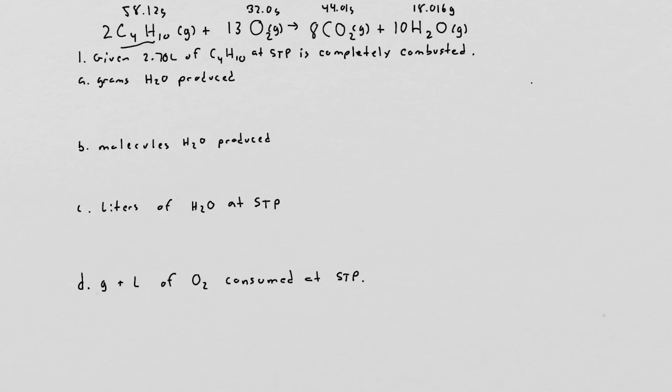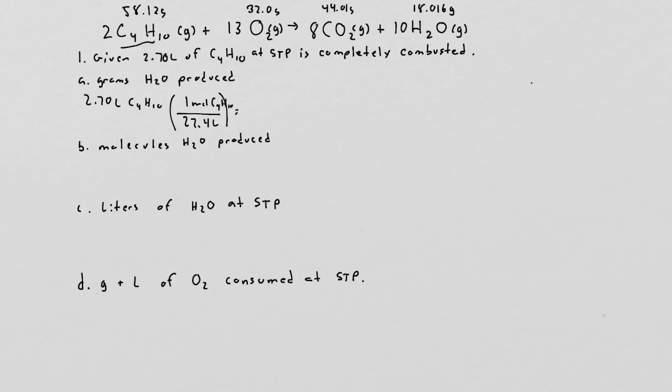So let's start off. We have 2.70 liters of C4H10. The first thing we want to do is convert that to moles. So we know by now, as long as it's at STP and it's a gas, and butane is in fact a gas, that for every 22.4 liters, we have 1 mole of C4H10.